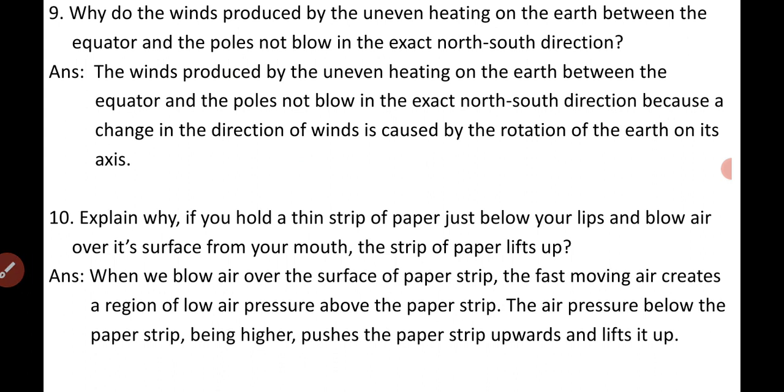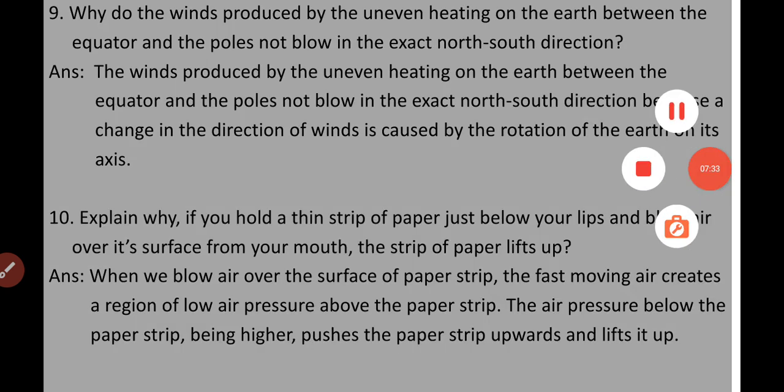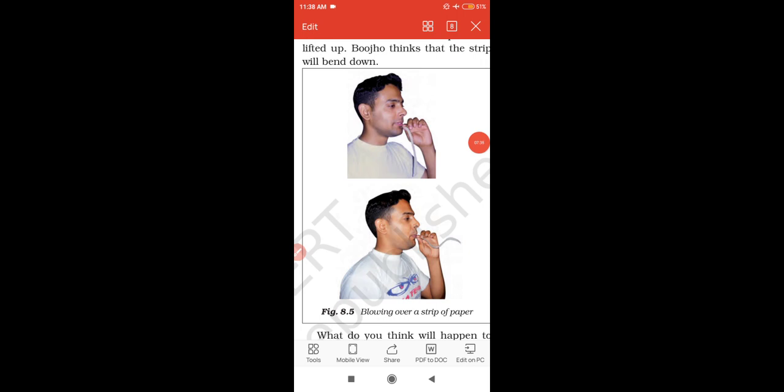Next question, question number 10. Explain why, if you hold a thin strip of paper just below your lips and blow air over its surface from your mouth, the strip of paper lifts up. Again let me show you the figure. See, in this figure, this person has taken a paper strip, right?